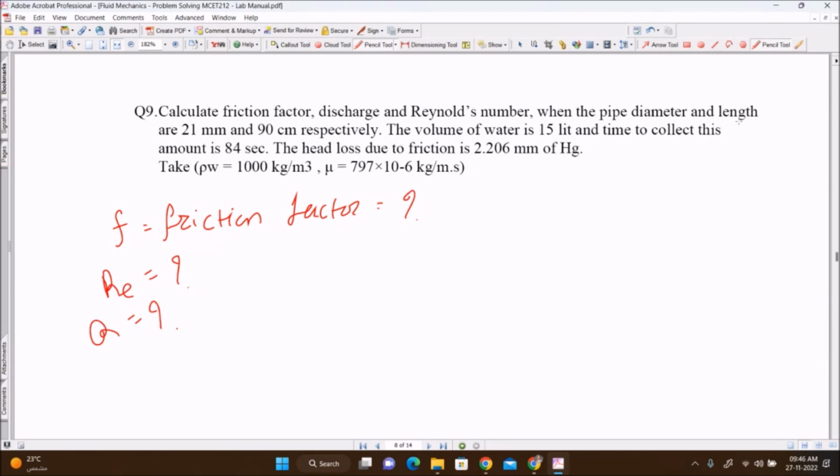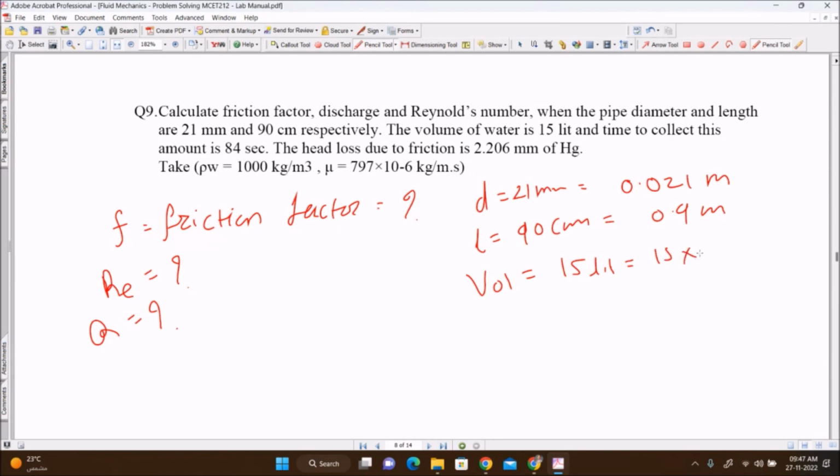So write the given data. Diameter is 21 millimeter, so 0.021 meter. The length of the pipe is given, L is 90 centimeter, 90 centimeter divided by 100 is 0.9 meter. The volume of water is given: 15 liter.